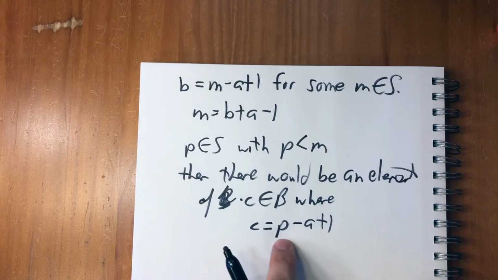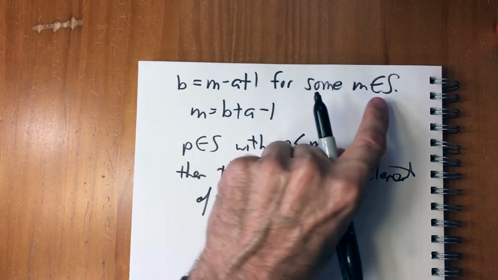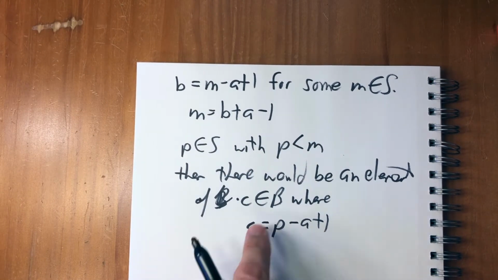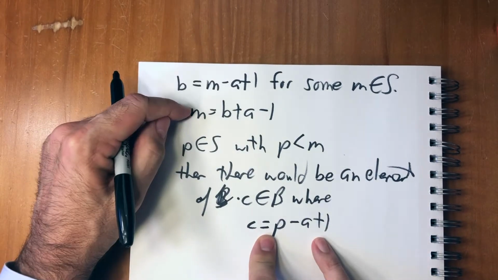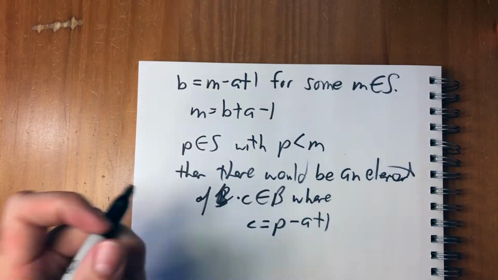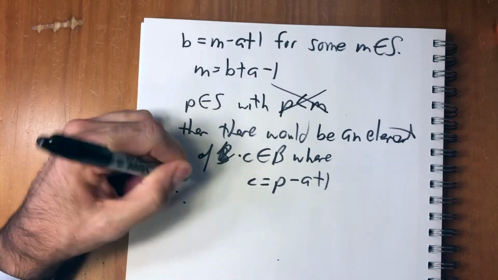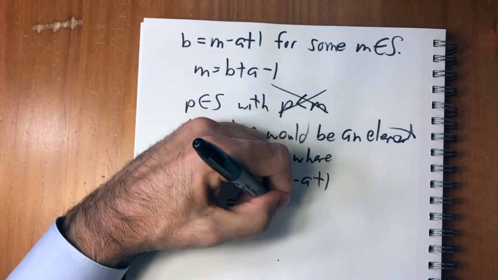Right? Because this is the form of every element of B. So if p is an element of S, then c here would have to be an element of B. But since p is less than m, c is going to have to be less than b. But we already said that b was the minimal element of B, so this can't be true. So there cannot be a p less than m. Therefore, m equals min S.